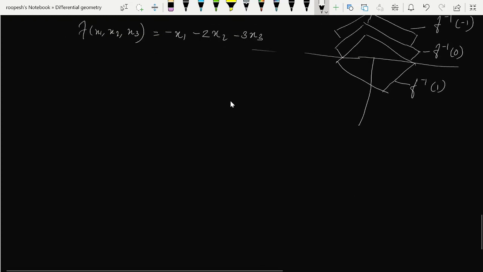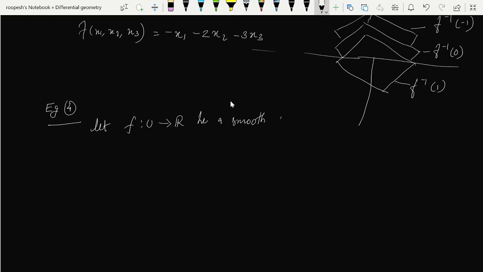Now here is example 4. Let f from U to R be a smooth function on U, with U open in Rn.